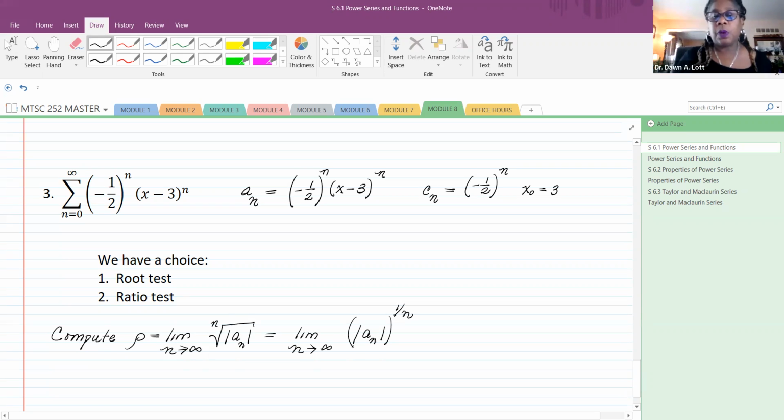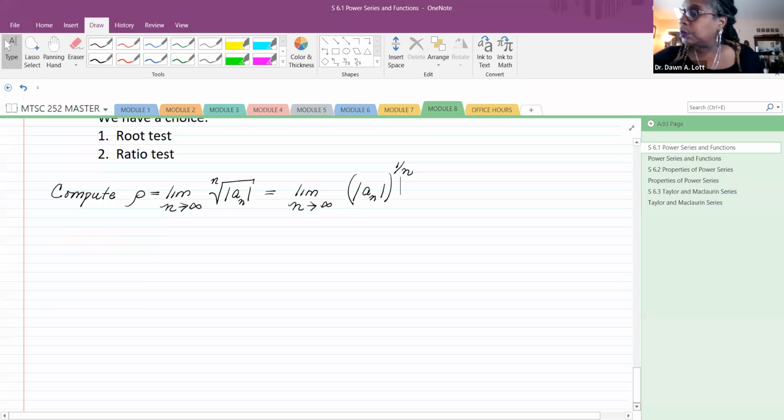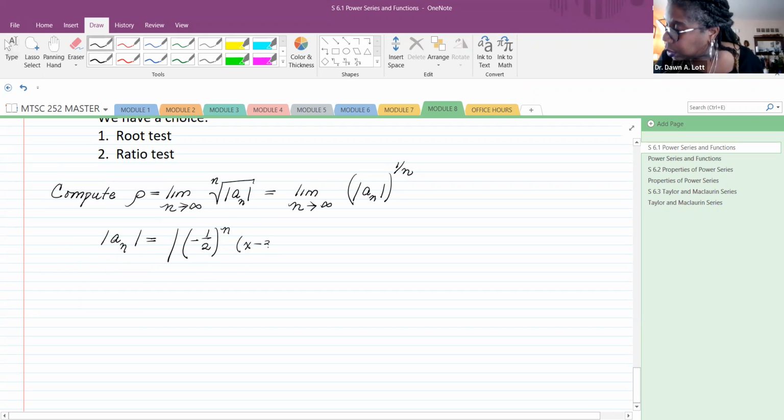That's the form I like to use, and that's what I'm going to use. All right, so let's compute rho. First off, the absolute value of an is the absolute value of (-1/2)^n times (x minus 3)^n.